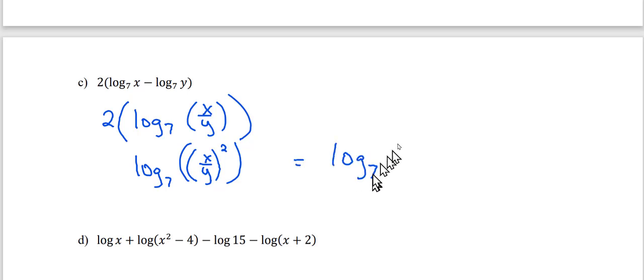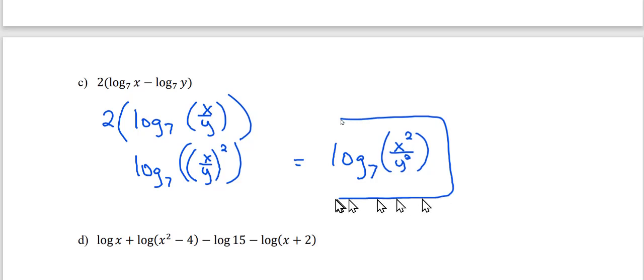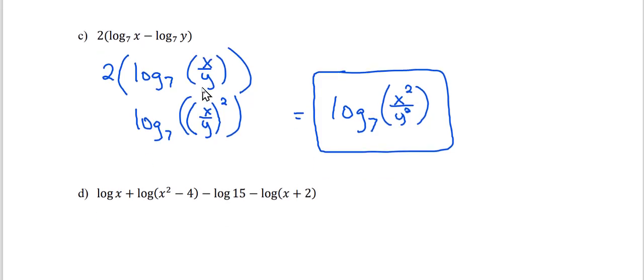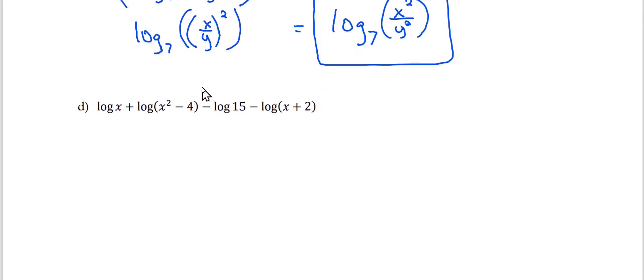You might, if you prefer, simplify that fraction inside there to x squared over y squared. Both of them are squared. Same result you would have gotten if you had distributed the 2 first, brought the exponent up, and then condensed that down into a single log.